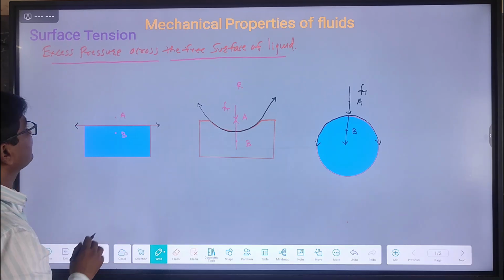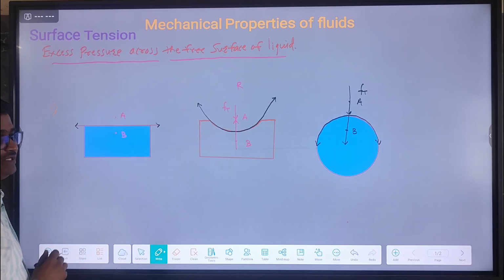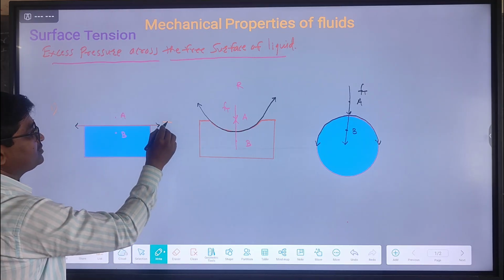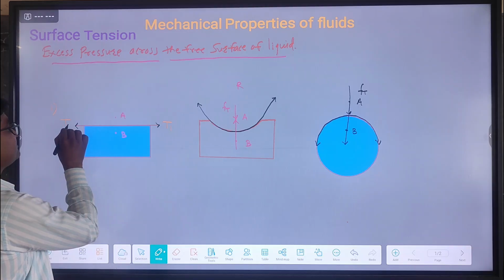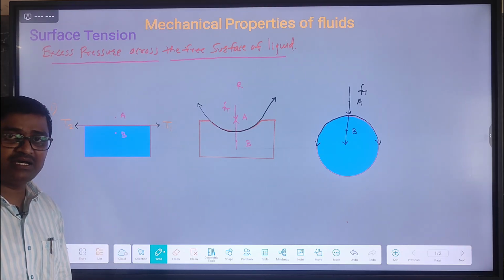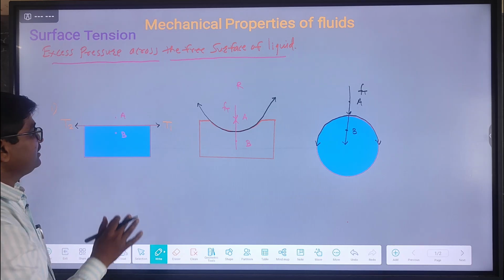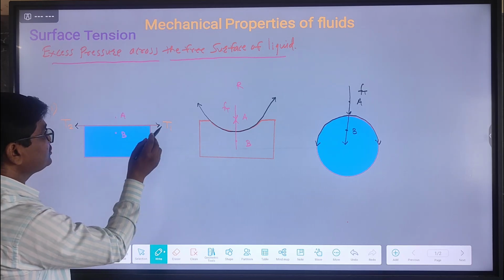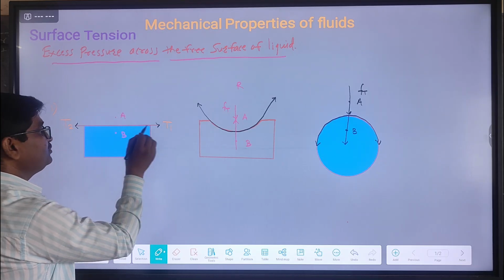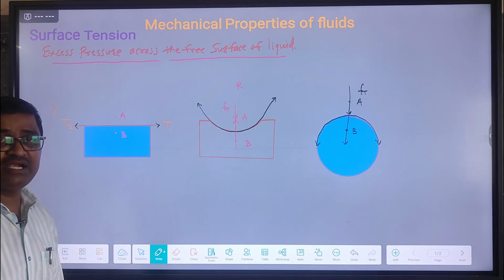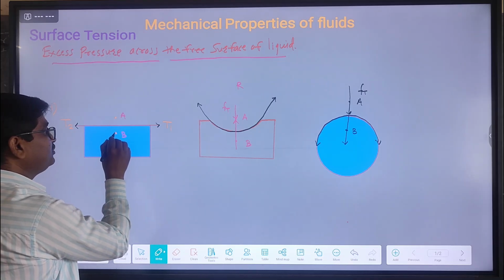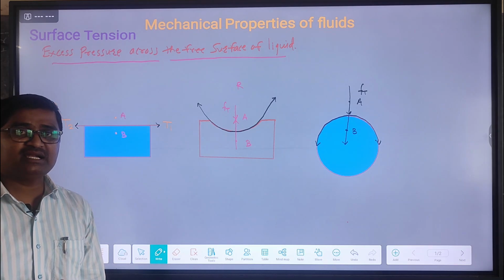Let's discuss the same. First, if the free surface of the liquid is plane, the concept is very important. The force due to surface tension between two sides is equal and opposite. Get it clear? It means there is no net change in force due to surface tension between the two sides. If the forces are equal and opposite, the total pressure at point A and the total pressure at point B are exactly the same.